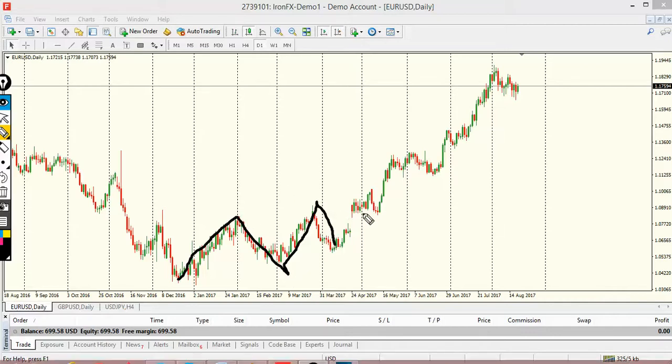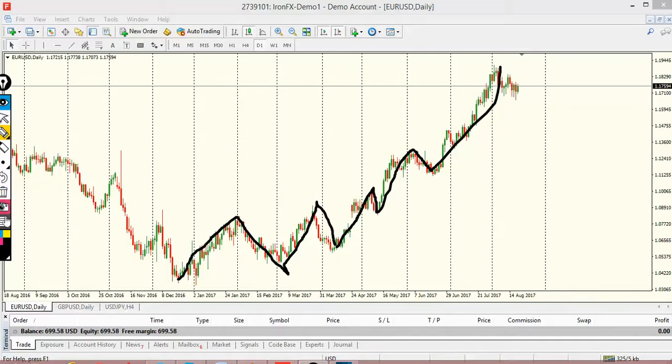So we formed an uptrend and we went up, pulled back, went up, pulled back, and you see where the market has reached now. So we are in an uptrend on Euro USD currently, since December of 2016. Euro USD has been in an uptrend, at least from early this year. Okay, you can see that. So that is market structure.